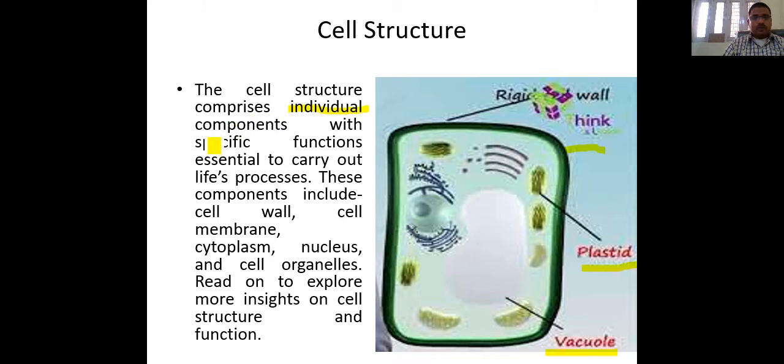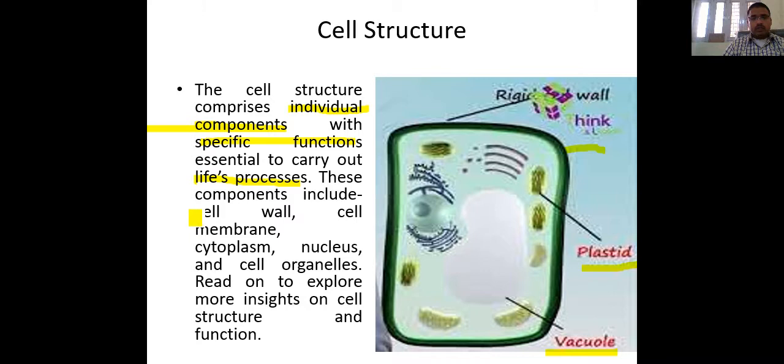When we talk about the cell structure, there are individual components like plastids, vacuoles, plasma membranes, and these basically have specific functions. These individual components have a specific function to carry out the life process, so that the life process can take place. What are these individual components?